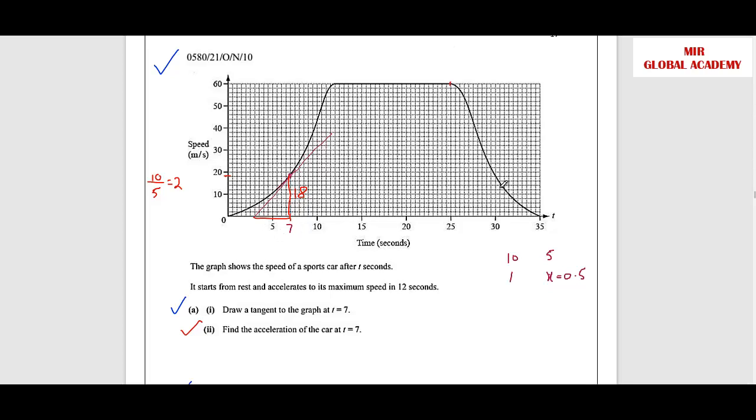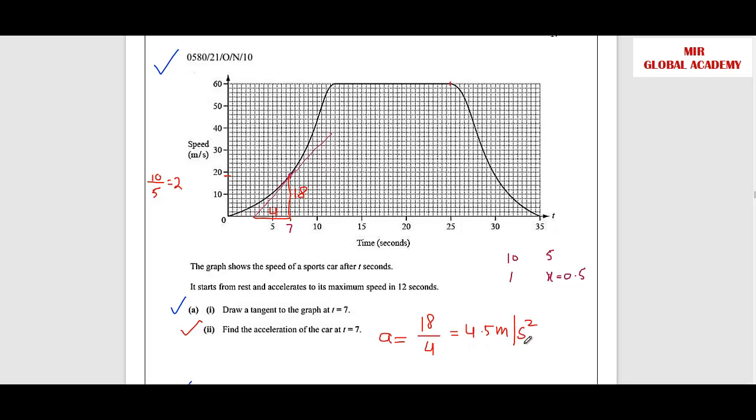We know that on the x-axis, one small box represents 0.5 seconds. And these are 8 boxes. So it represents 4 seconds. So this is 4. So rise is 18 and run is 4. So acceleration is 4.5 meter per second.